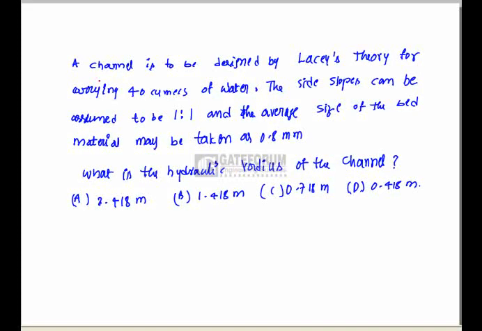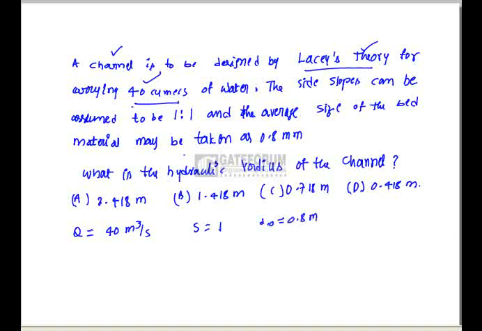Question is, a channel is to be designed by Lacey's theory for carrying 40 cumecs of water. 40 cumecs in the sense 40 cubic meters per second, that is the discharge through that canal. The side slope is 1 and the average size of the bed material D10 is 0.8 millimeters.